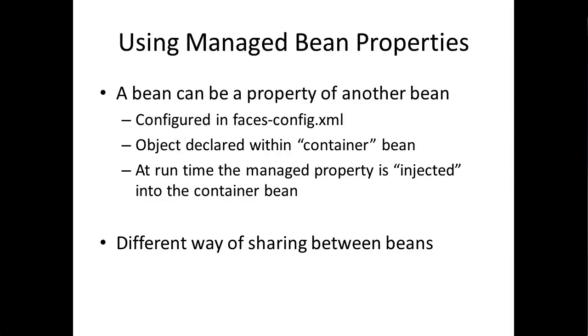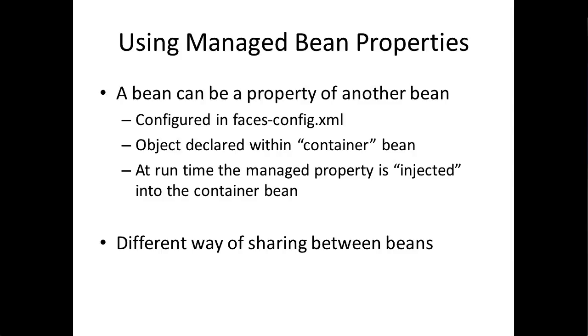From JSF, we have the ability to also add managed property settings in the Faces-config for a particular bean. All a managed property does is allow you to set the default value of your managed bean in the Faces-config file.